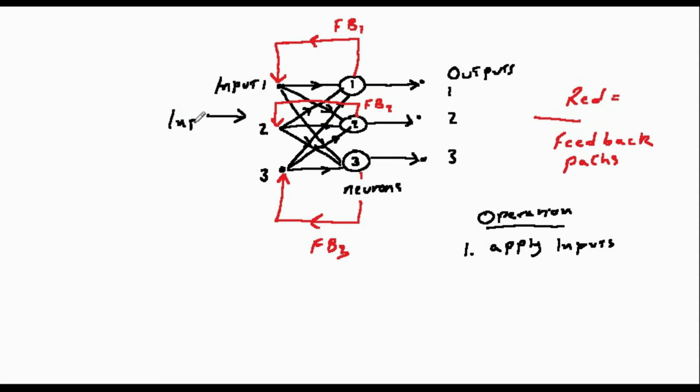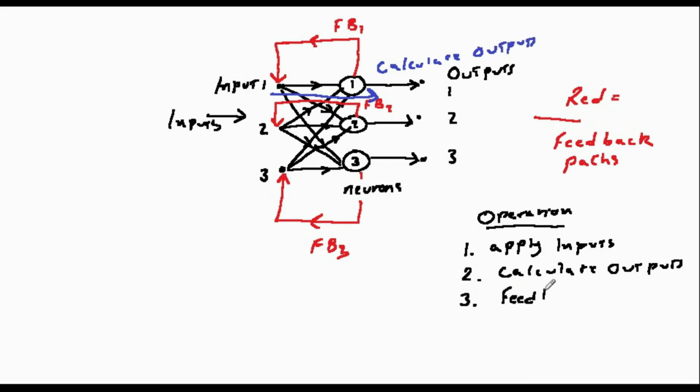Next, the pattern is removed from the inputs and the output values which we have just calculated are fed back to the inputs via the feedback paths FB1, FB2 and FB3 in the diagram. These now provide new inputs and the output can again be recalculated from these.